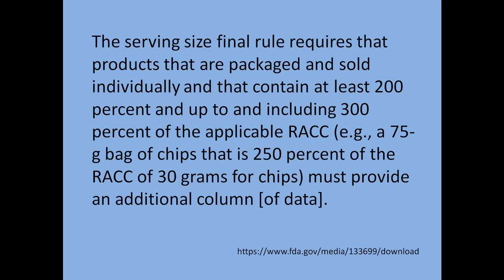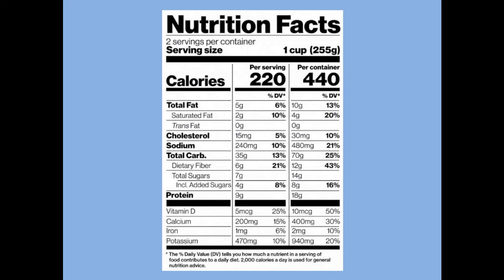You pick up those chips and you may not think it's 2 servings or 2.5 or 3 times, and you eat the whole bag. So to help combat that, they now have to put on a double column.